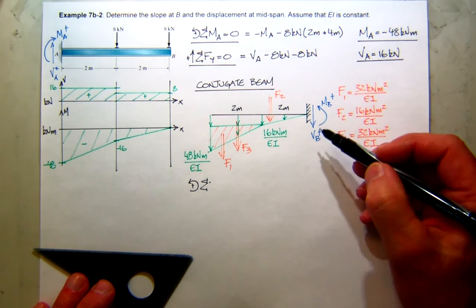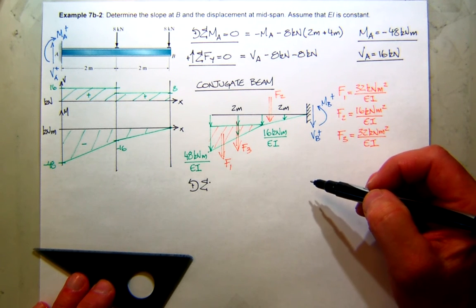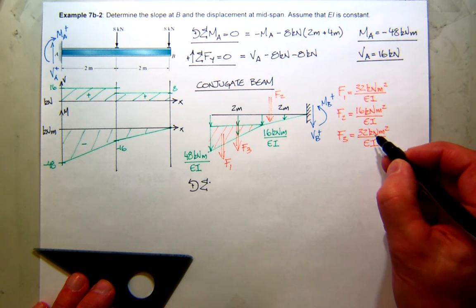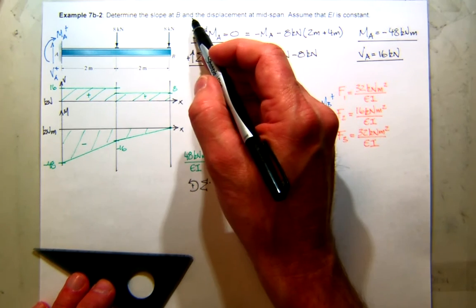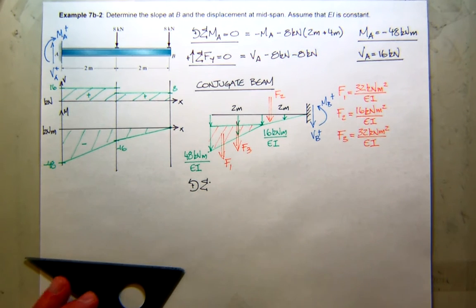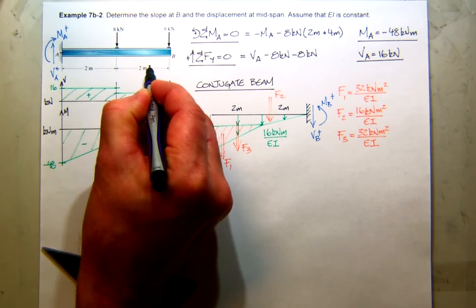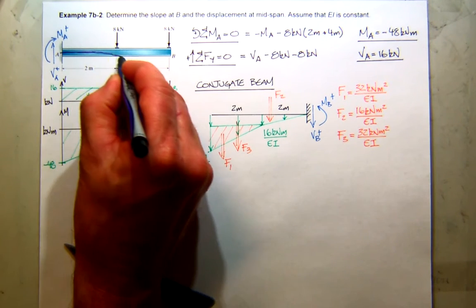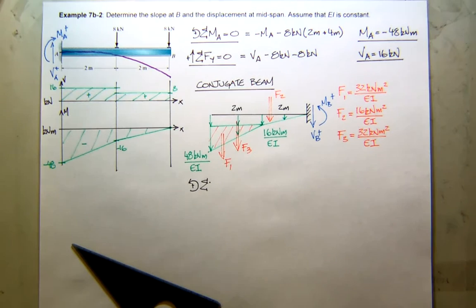So it should be negative 80 kilonewton meters squared over EI, and that is the slope at B. Does it make sense that that should be negative? I think so. Your deflected shape is going to look something like this, and at B, that is definitely a negative slope.